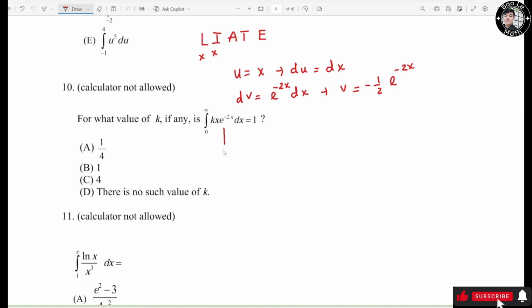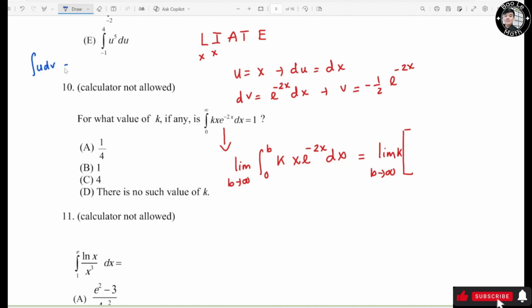So this becomes the limit, as b approaches infinity, of the integral from 0 to b of k s e to the negative 2s ds. We have the formula: the antiderivative of u dv equals u times v minus the antiderivative of v du.